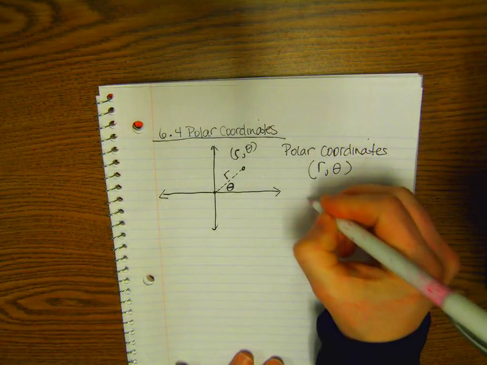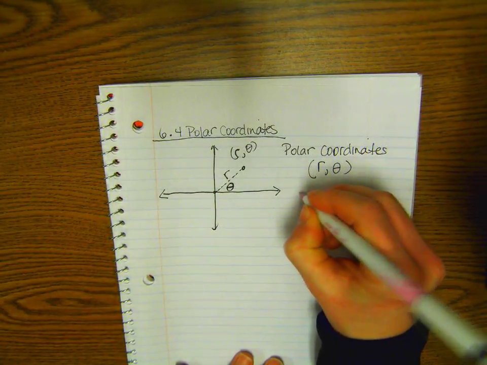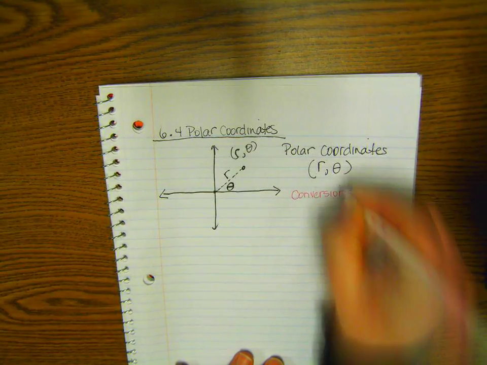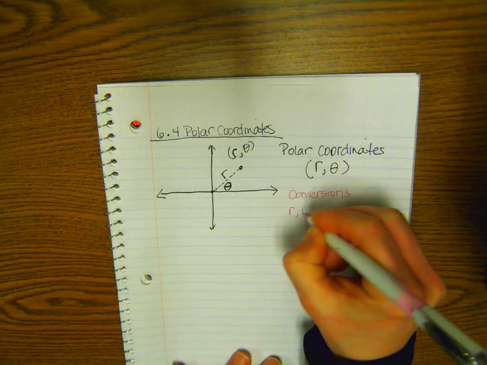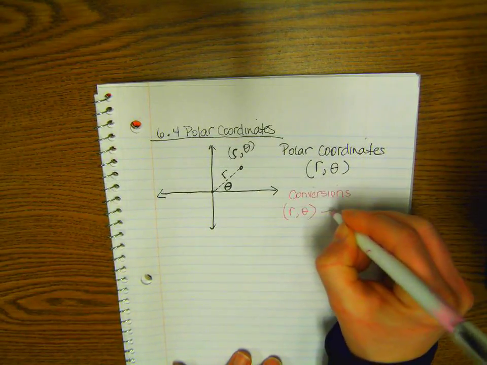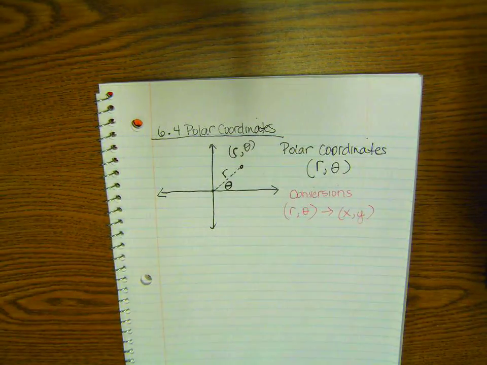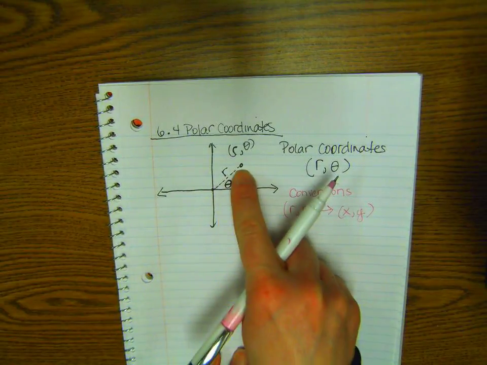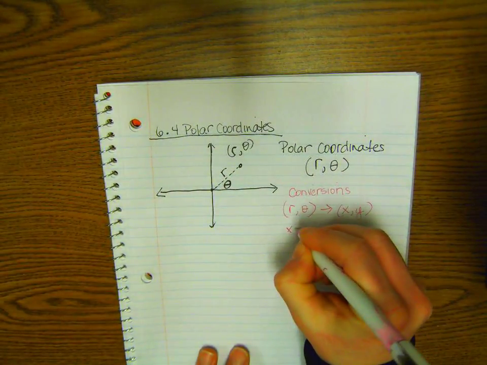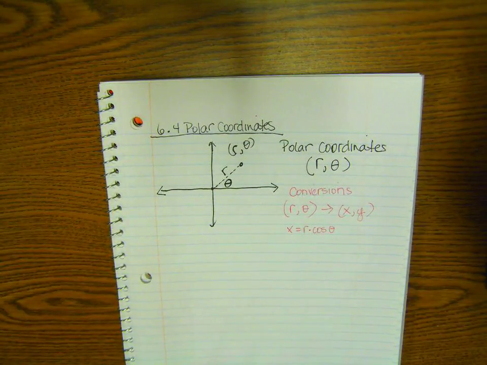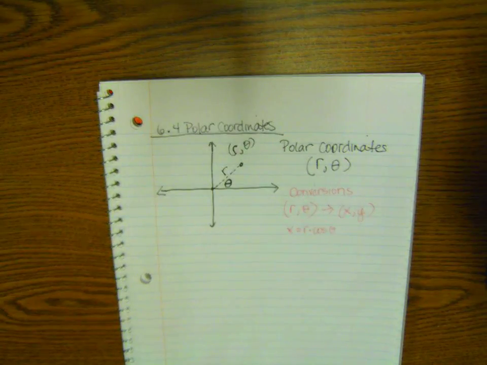So if I wanted to find out what x was, we'll call these conversions. If you had r and theta and you wanted to convert to what we call rectangular coordinates, because on the coordinate plane we're basing straight distance, so left and right, like a rectangle, the way that I would figure out x is I would take r times cosine of theta, just like in the component form how we did magnitude times cosine of theta.